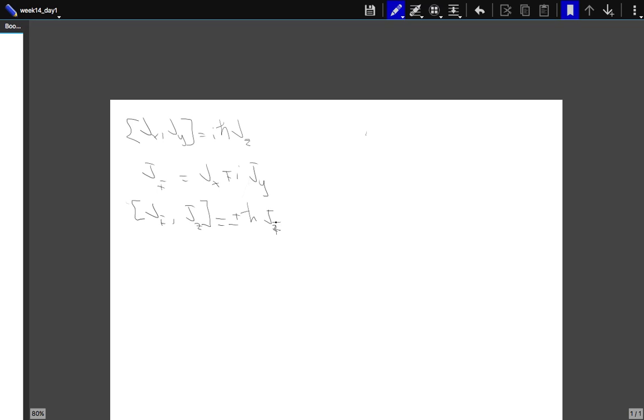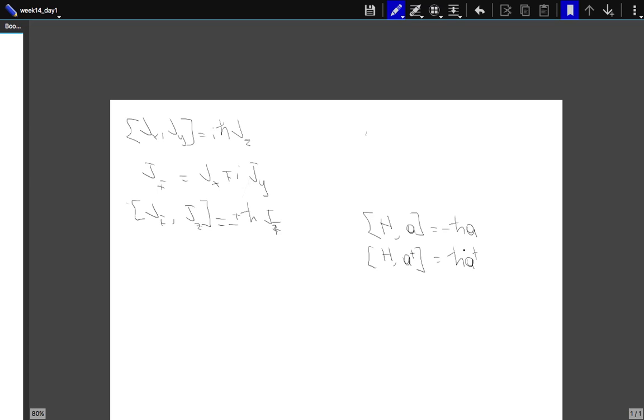It was just like the annihilation and creation operators we had when we were looking at the harmonic oscillator. In the harmonic oscillator case, we had the commutator of H with A was minus h bar A, and the commutator of H with A dagger was plus h bar A dagger.